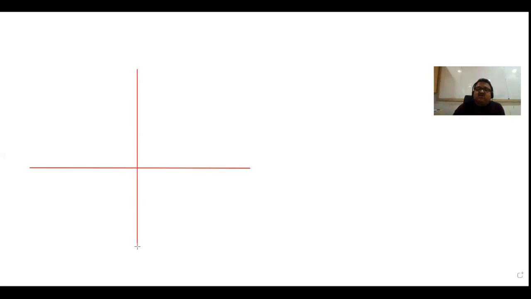I will not draw the refracted ray yet; I will draw only the incident ray, and after giving you the concept, I will draw the refracted part, correct? So assume this is the incident ray. Say, for example, this angle is i, the angle of incidence. This is medium 1 and this is medium 2.